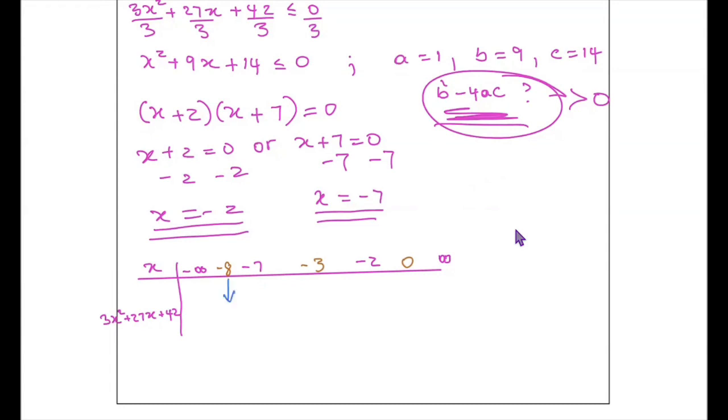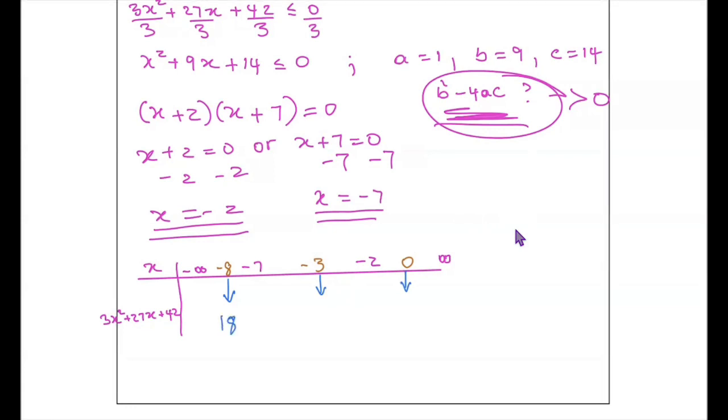Now we will evaluate the expression 3x squared plus 27x plus 42 over each interval for x equals -8, x equals -3, x equals 0 to see what the sign will be for each interval. For x equals -8, we have 3x squared plus 27x plus 42 equals 18 when we plug in.